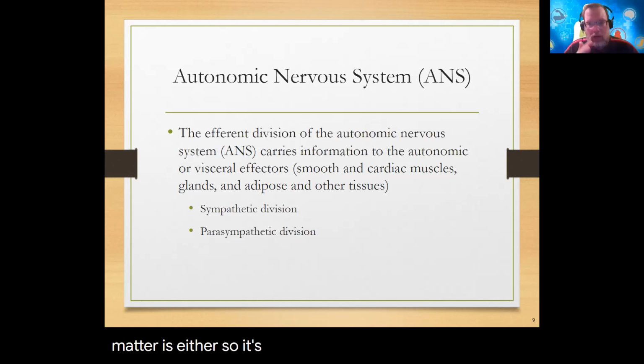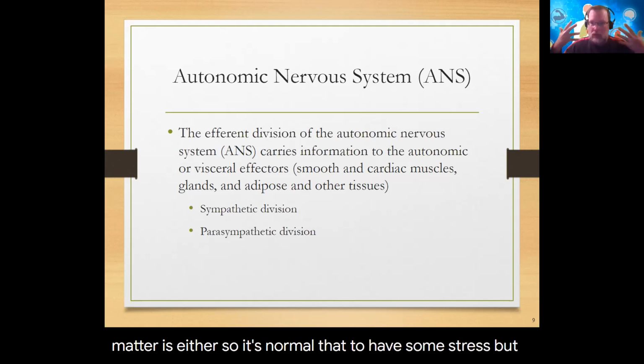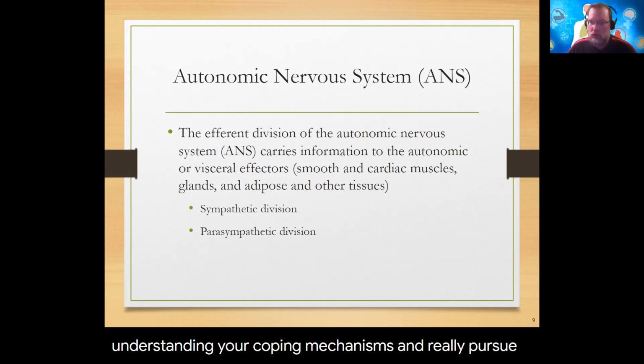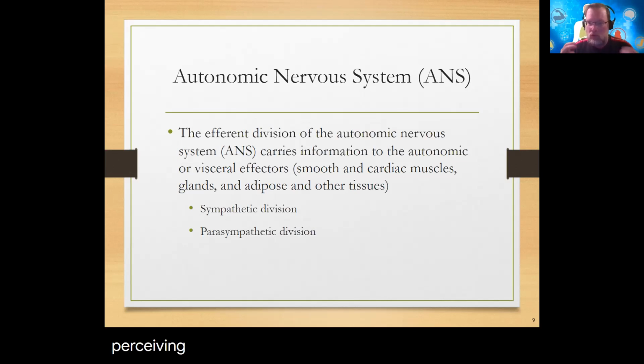So it's normal to have some stress, but really understanding how to cope with stress and understanding your coping mechanisms, and really perceiving, right? What do you perceive? And to what degree is that going to cause an explosion to happen? Unexpected mail from a bill, that could be cause for alarm, right?